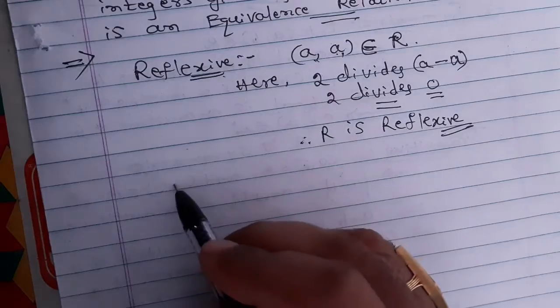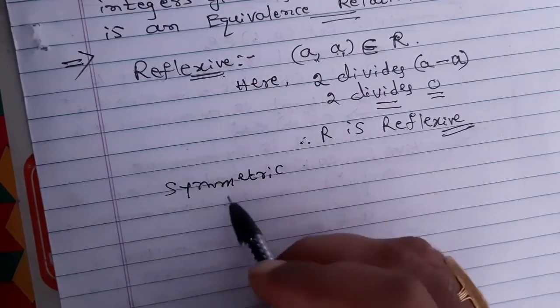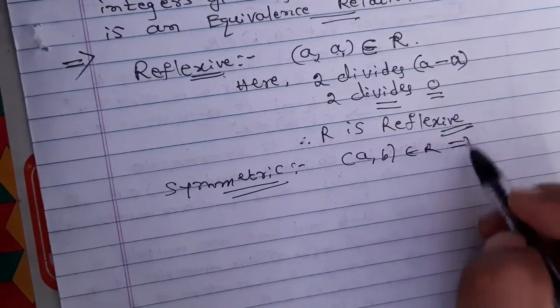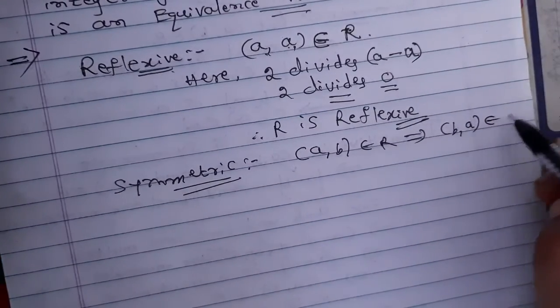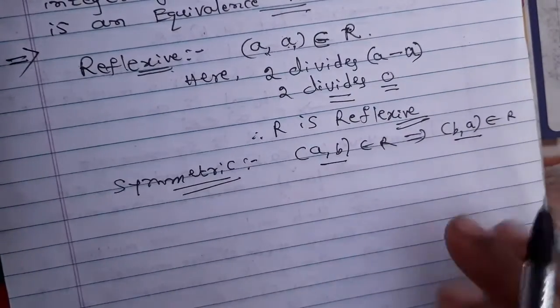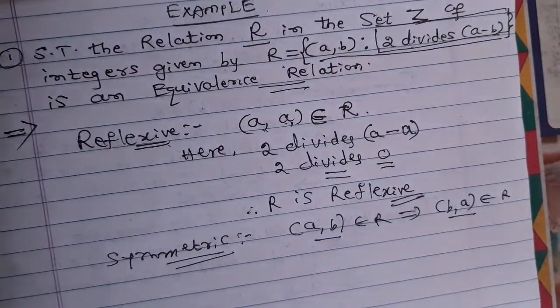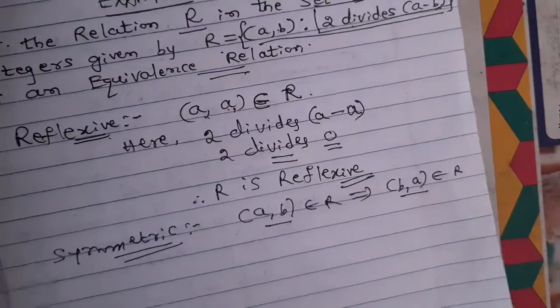So let us check for the symmetric property. See here, symmetric property. We know that generally (a, b) belongs to R implies (b, a) belongs to R. So we have to check for this. Here (a, b) belongs to R means what?